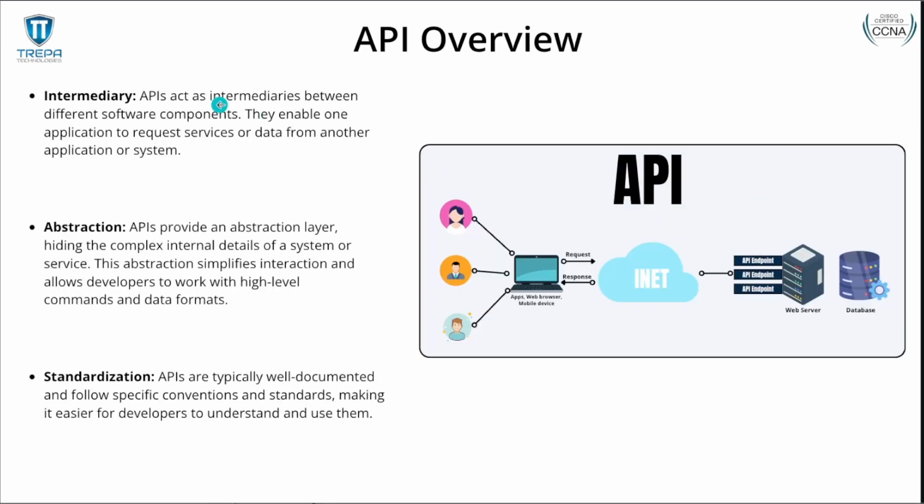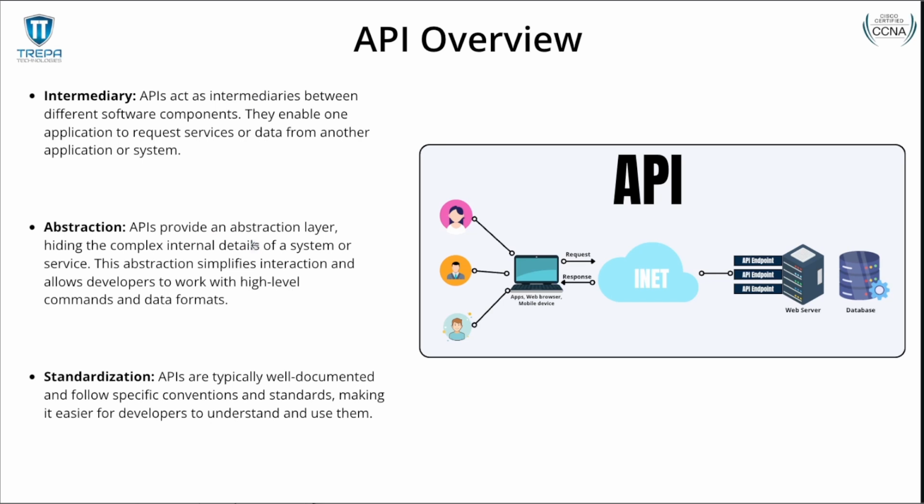Okay, so API overview. Just a quick overview of what they do. APIs act as intermediaries between different software components. They enable one application to request services or data from another application or system. APIs provide an abstraction layer, hiding the complex internal details of a system or service.